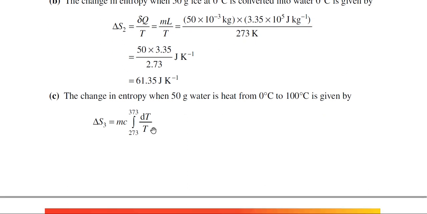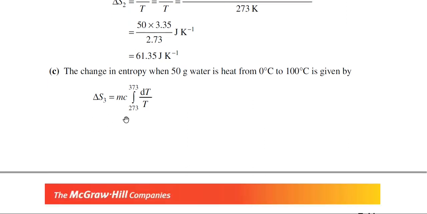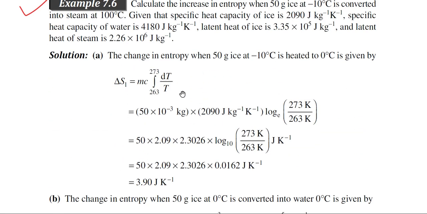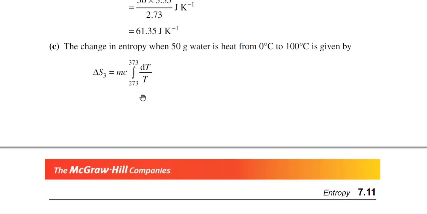In the third step, when 50 gram of water is heated from 0 degree centigrade to 100 degree centigrade, the entropy change is given by again the previous formula, this particular formula. Here the temperature changes from 273 Kelvin to 373 Kelvin, because the temperature of the water is changed from 0 degree centigrade to 100 degree centigrade.